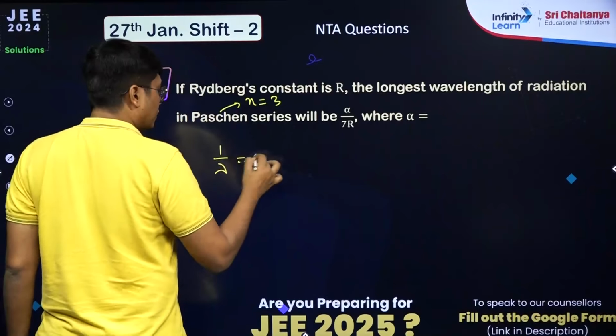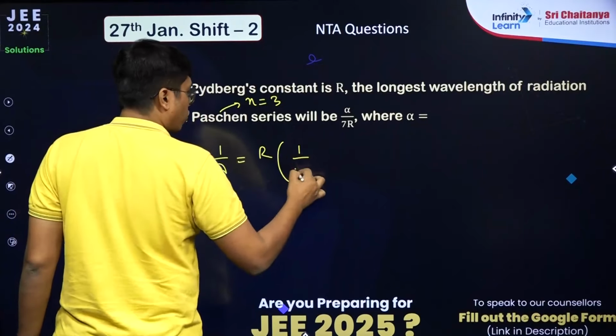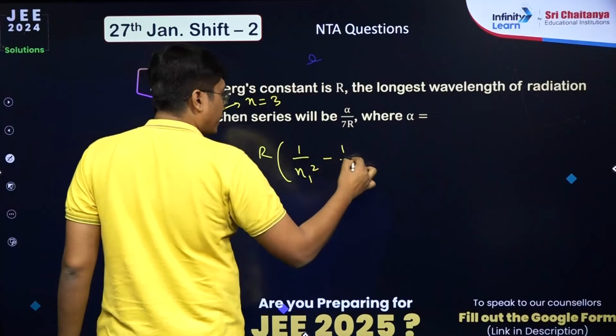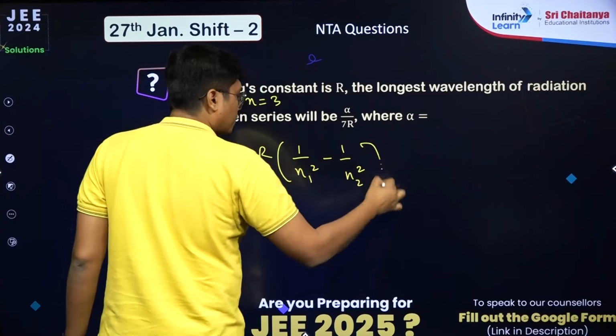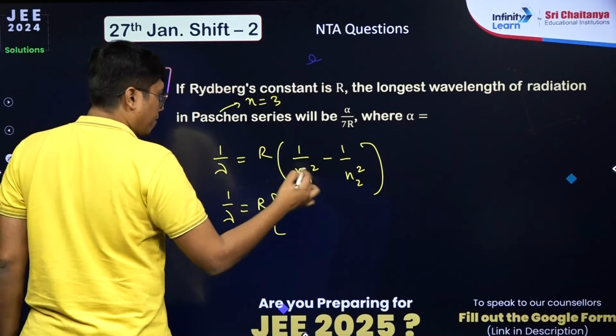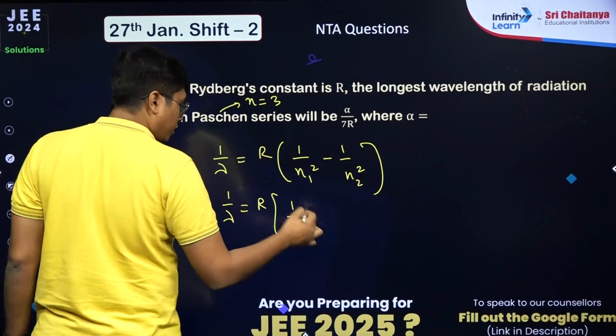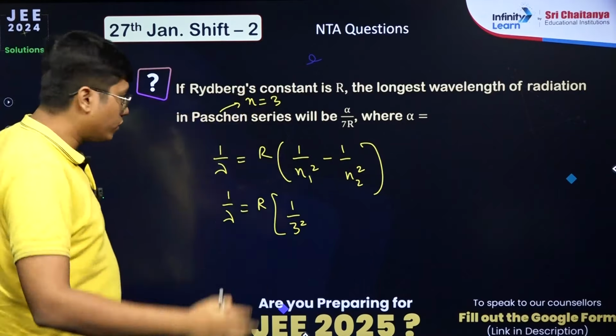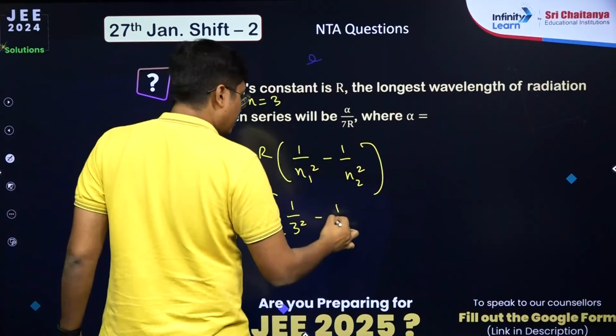So we know 1 by lambda is Rydberg's constant times 1 by n1 square minus 1 by n2 square. For the maximum wavelength of the Paschen series, the nearest one is 3, so it has to be from 3 onwards, 3 square minus the nearest one, 4 square.